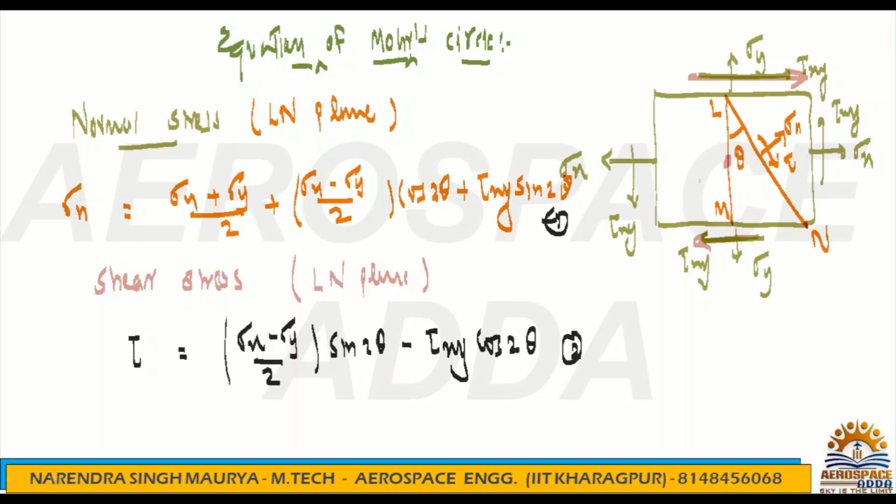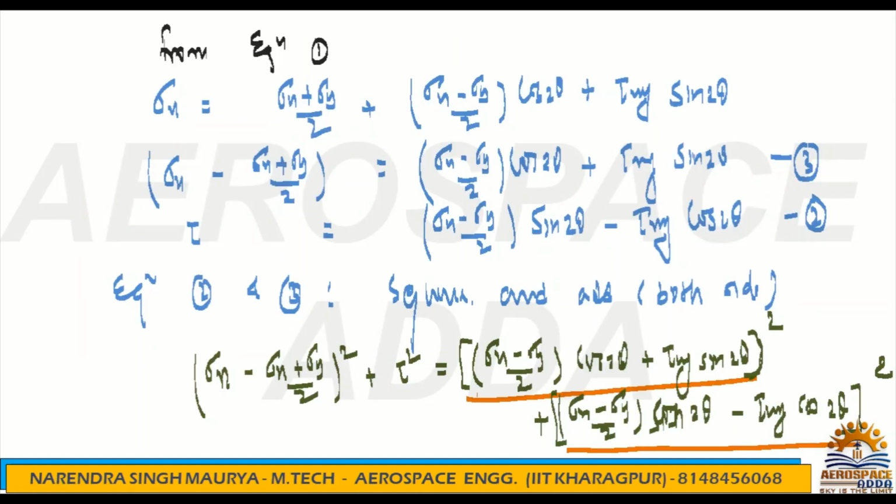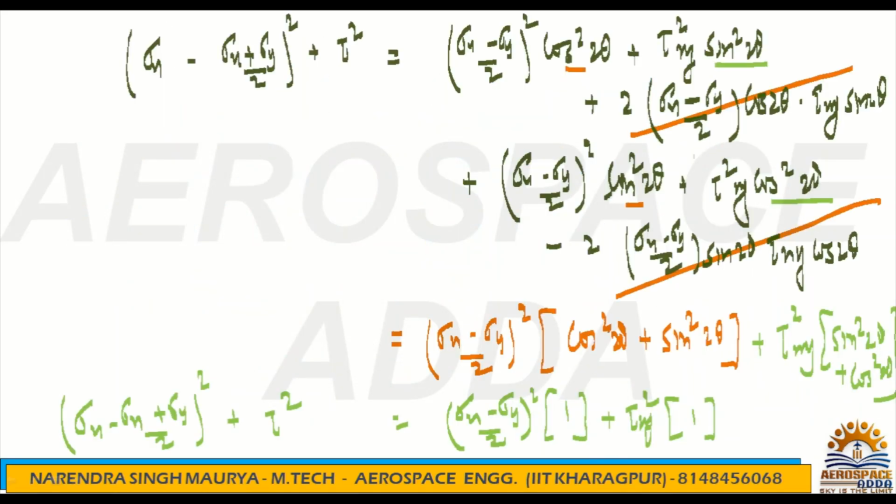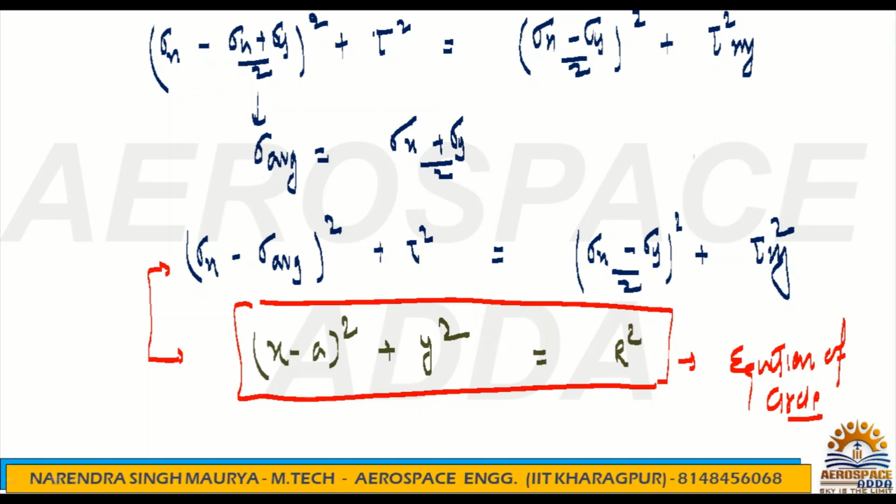Sorry, this tau xy is the clockwise, and this tau xy is the anti-clockwise. Now see, about this CG, this tau xy will give clockwise moment, and this tau xy will give anti-clockwise moment. Similarly, this tau xy will give the clockwise moment, and this tau xy will give the anti-clockwise moment about CG. So two tau xy you have, one will be clockwise, another will be anti-clockwise.